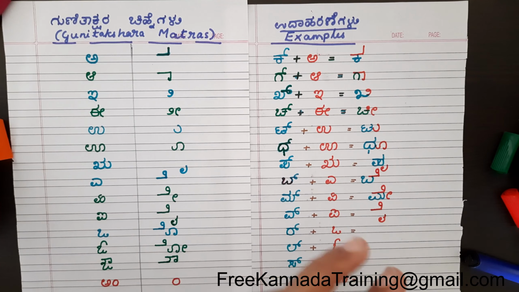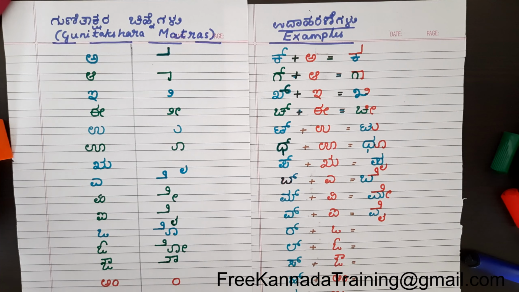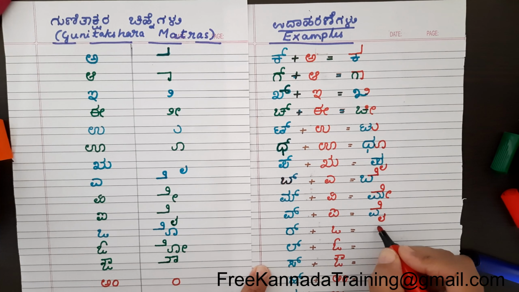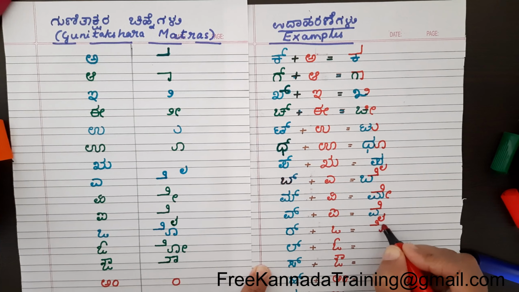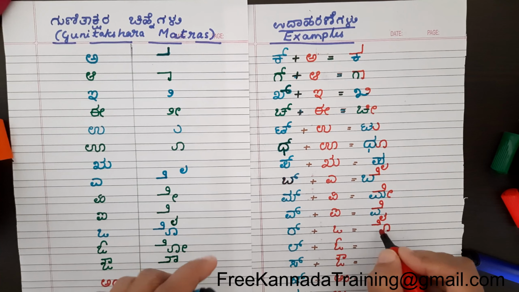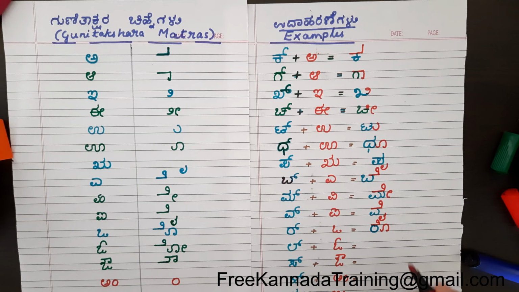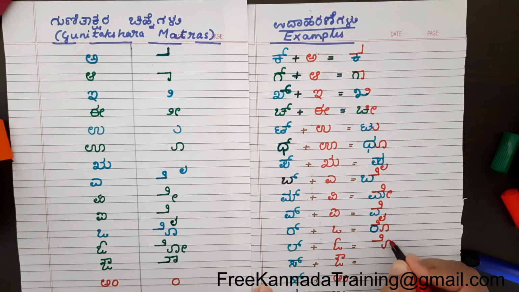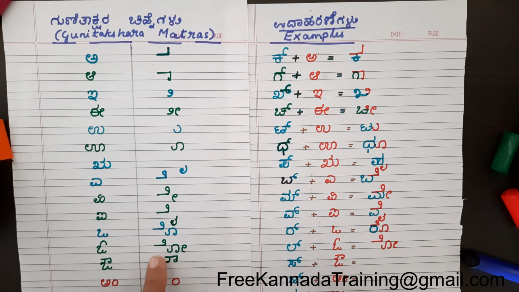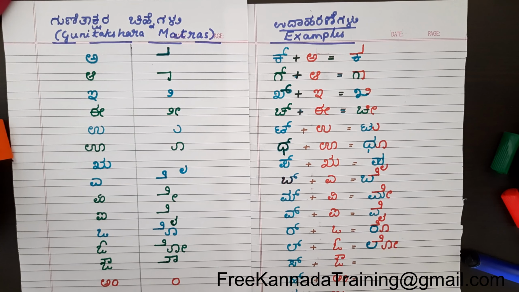And here we replace with v. R plus o equal to ro. For o, this is the matra, and here we replace with ra. L plus o equal to lo. How do you make it? For o, this is the Gunitaakshara matra, and here we replace with la.